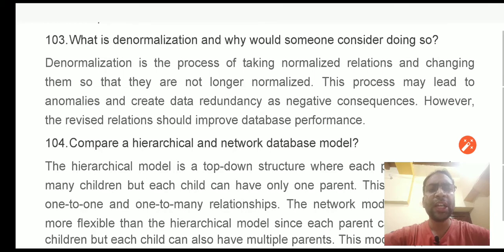The negative impacts are the introduction of anomalies and data redundancies. But there is one positive impact: by performing denormalization, the database performance may improve, because it does not have to bother about referential integrity constraints. It does not have to connect relations or depend on the relationships. So the performance of the database improves.